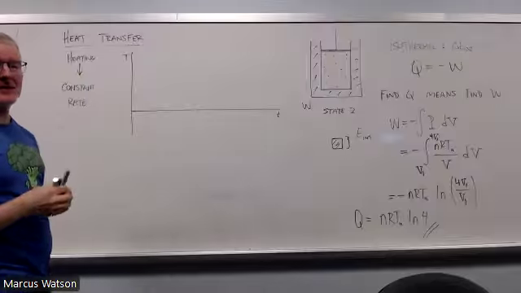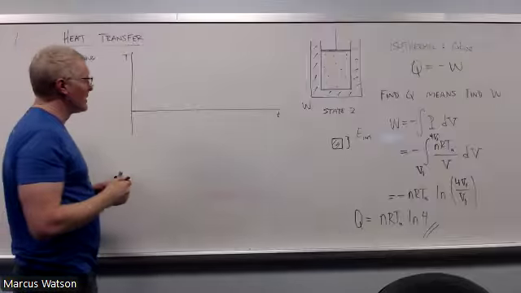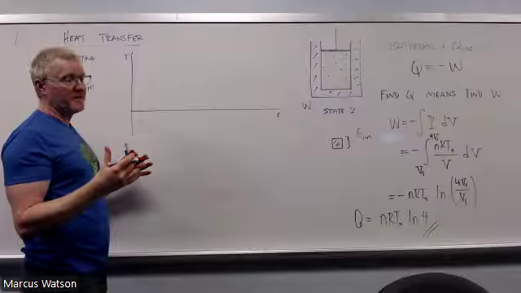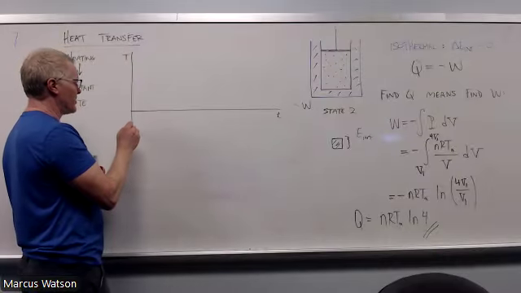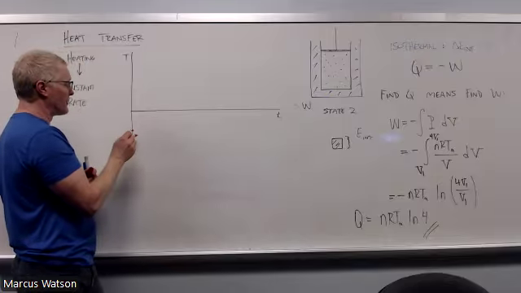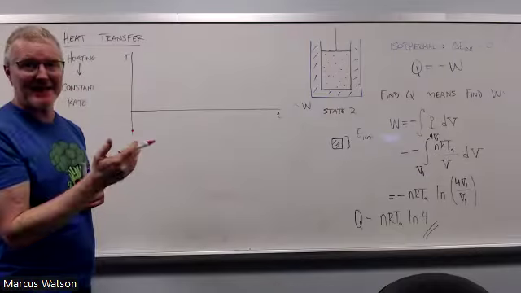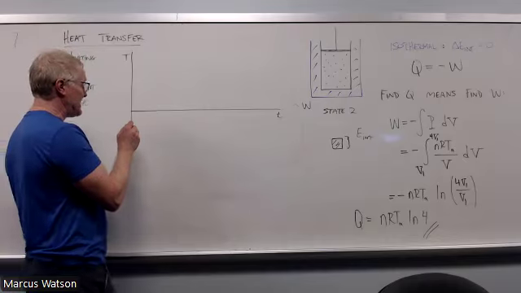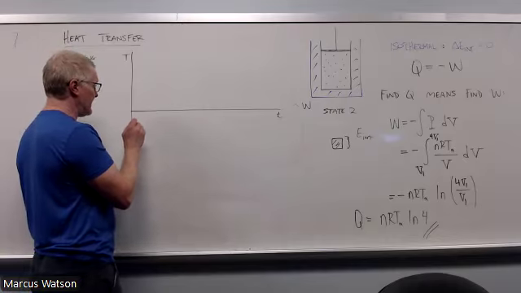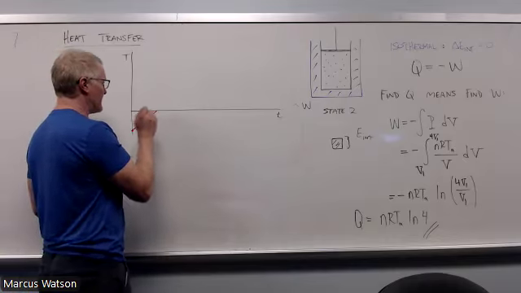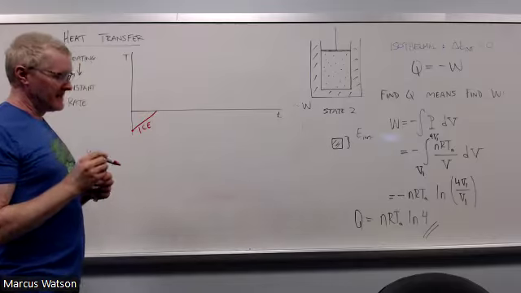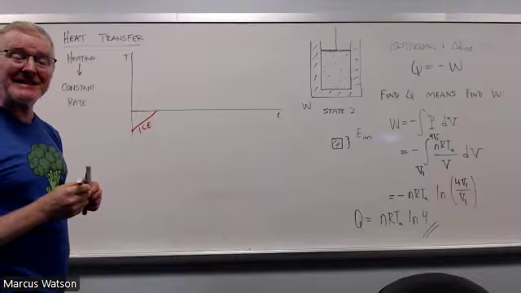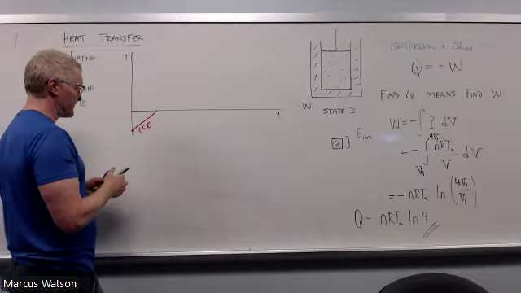Okay, that means the wattage. If I have a sample of water, and suppose here at time 0 I start with the sample at some temperature which is below freezing, it's ice. I heat it, okay, it heats up. Okay, this is the ice phase, and that kind of heating was what I called sensible heating last time.